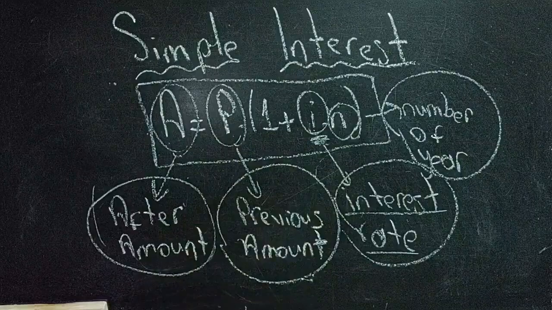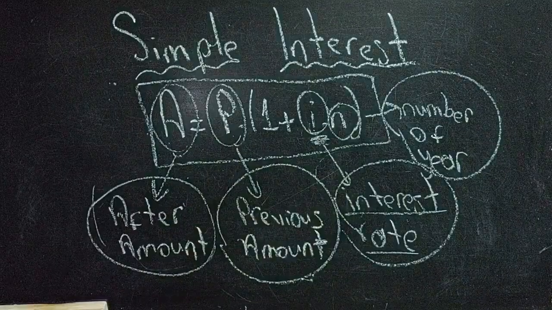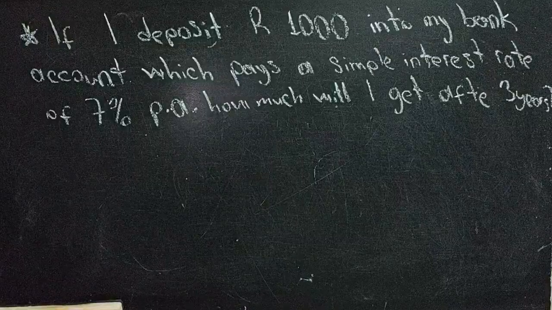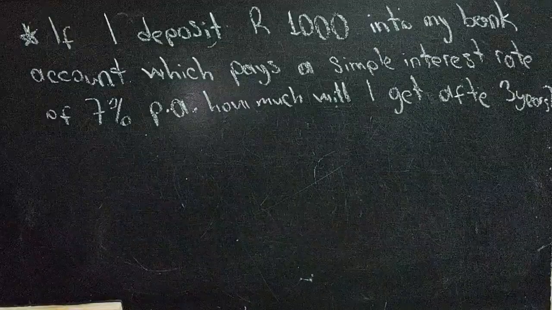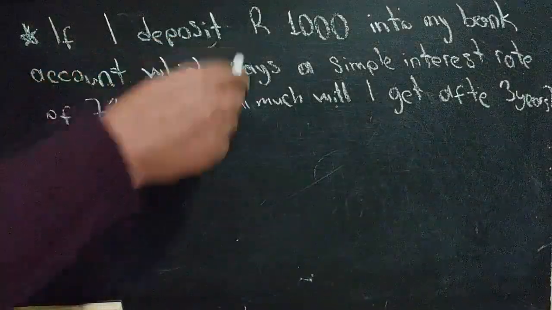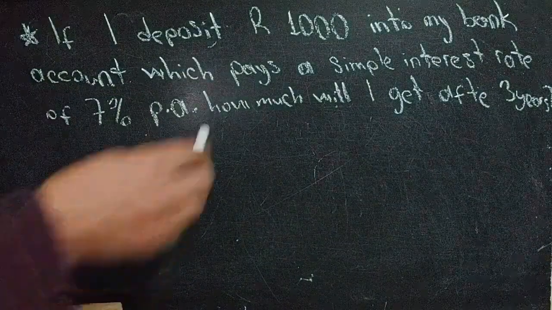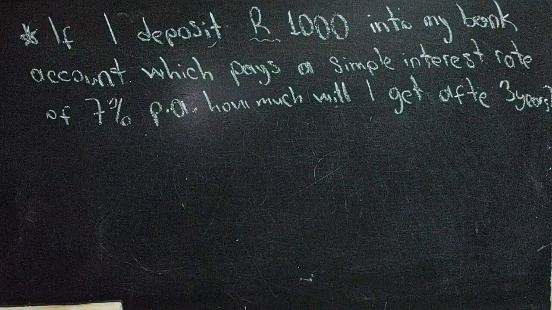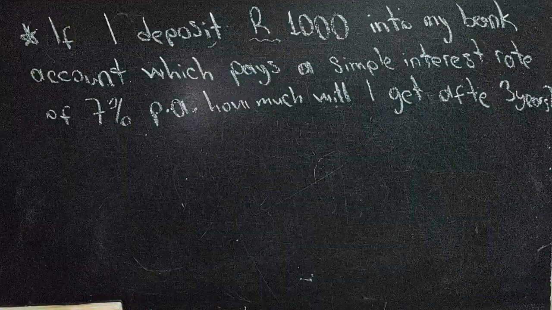So now let's see what questions are going to come across here. Let's have a look together. All right, now my first question is, if I deposit 1000 rand, by the way, I'm going to use rand. Rand is the currency of South Africa, right?